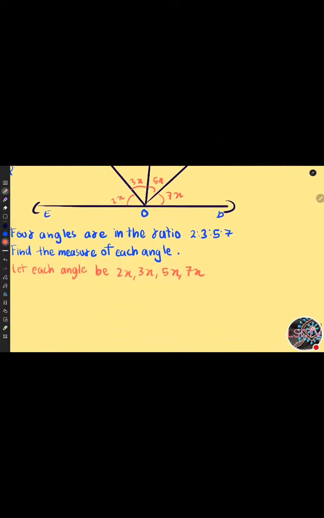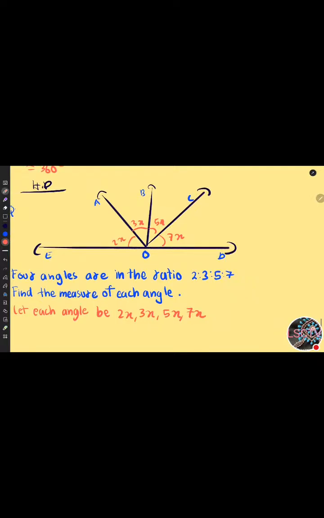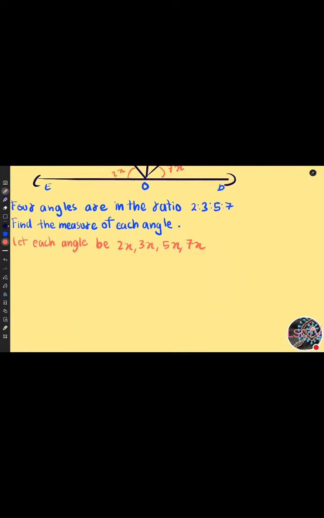Now, what do you know about angles on a straight line? Angles on a straight line sum is equals to 180 degrees.